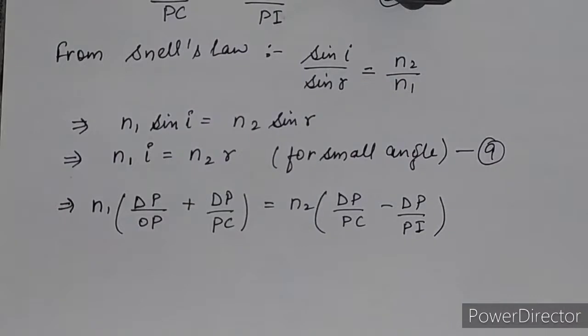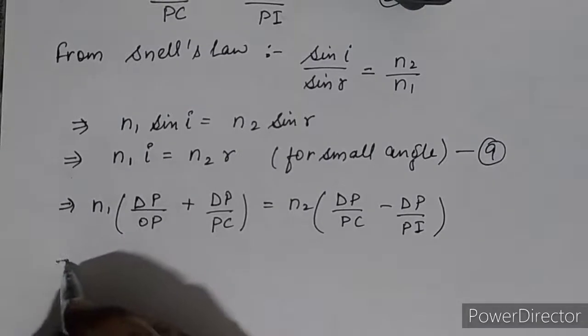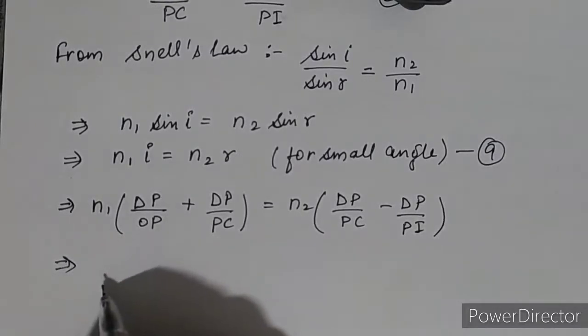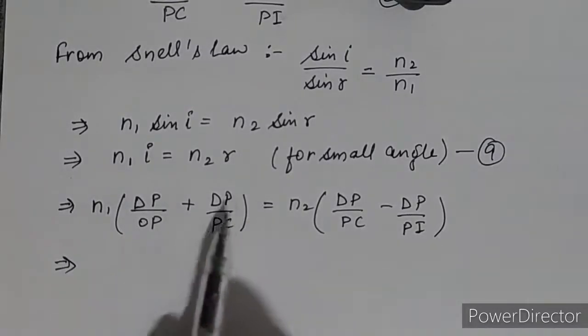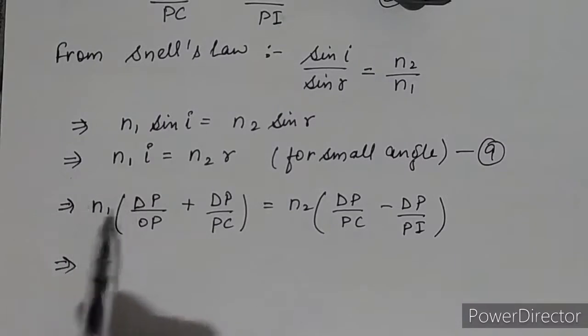Clear? Okay. Now further we are going to solve it, making it clear. First of all we will take dP as common, so dP and dP have been cancelled out.